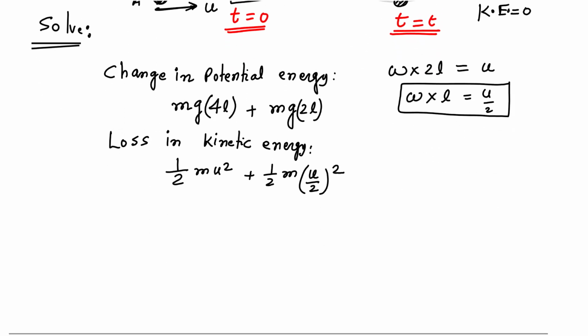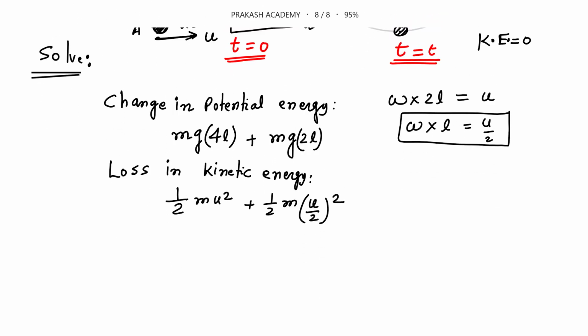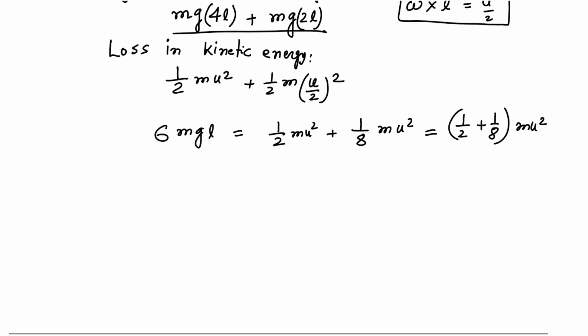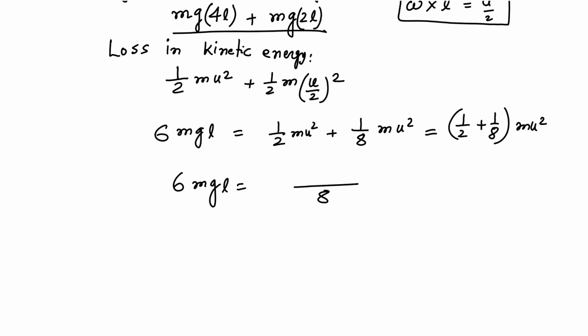Now I can equate the gain in potential energy to the loss in kinetic energy. So this is 6mgL, and this will be half mu square plus 1 by 8 mu square, that is 1 by 2 plus 1 by 8 mu square. So 6mgL is equal to 5 by 8 mu square.